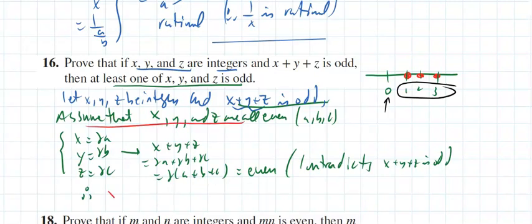Well, we said all of them, not all of them, at least one of them. Therefore, at least one of x, y, or z is odd.